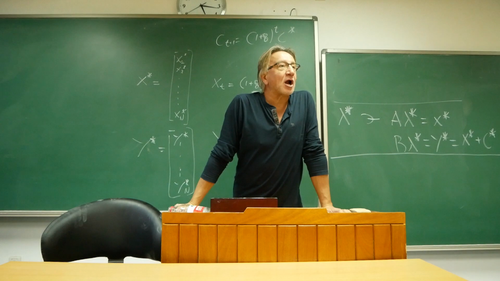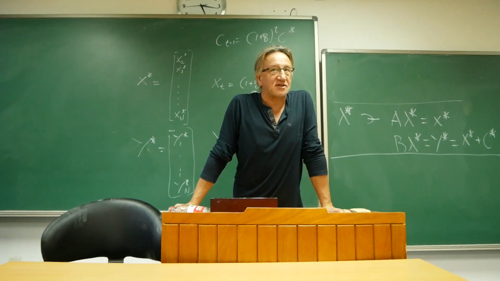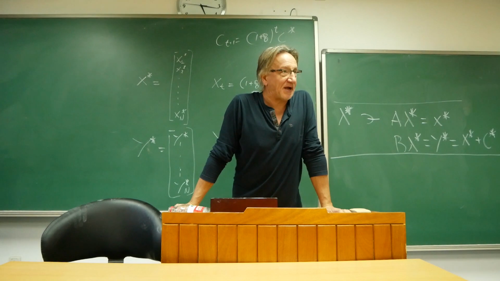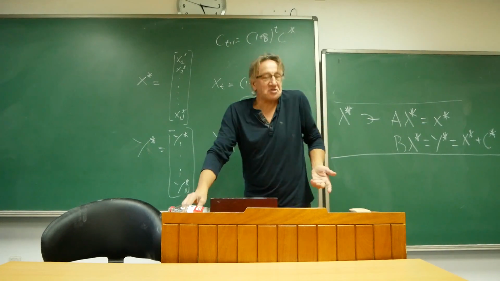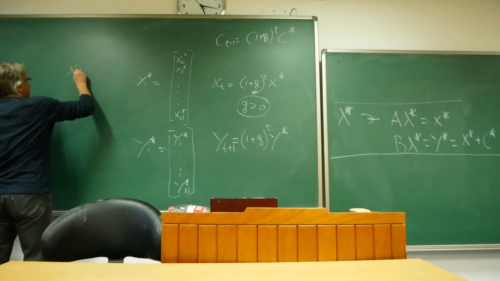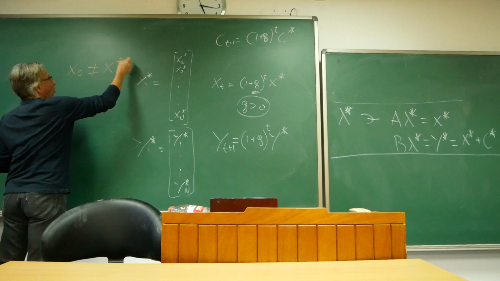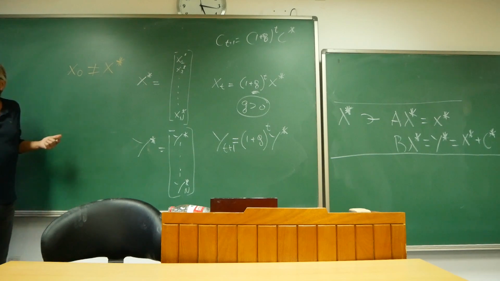If I start from an arbitrary initial condition x0, different from x star, there's no reason that you start from x star, right? History may give you an initial condition completely off that, right?